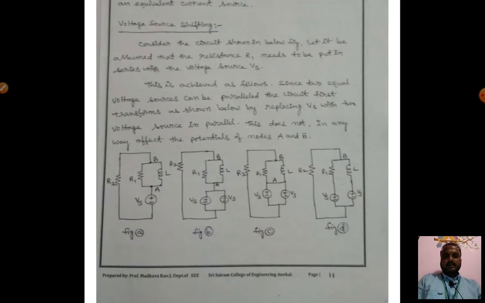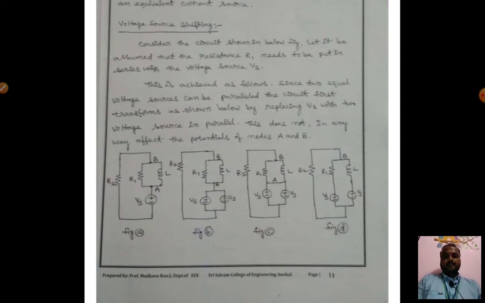In this circuit, resistance R and L are connected in parallel and in series with the Vs. So how do we calculate the current flowing in the resistor and in the inductor? How do we achieve that?